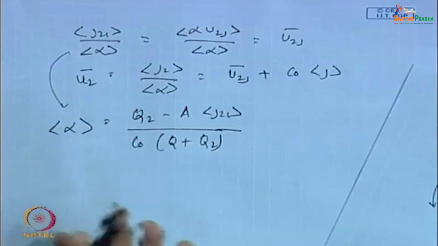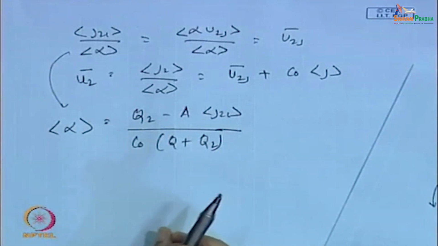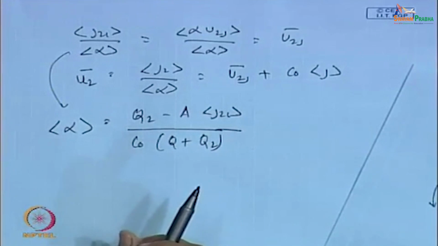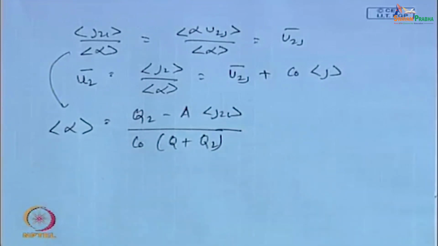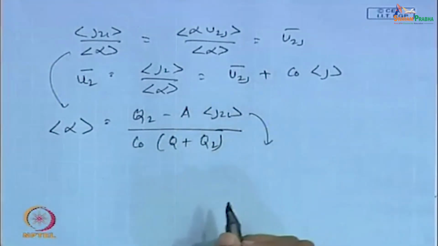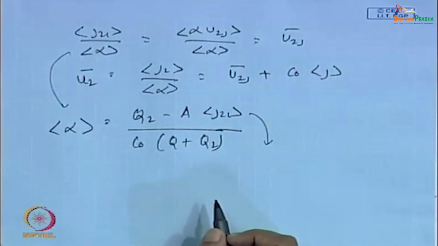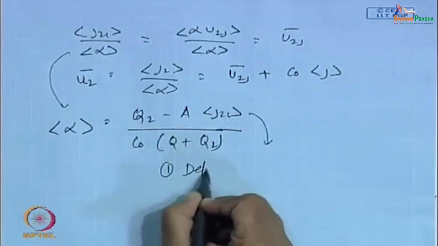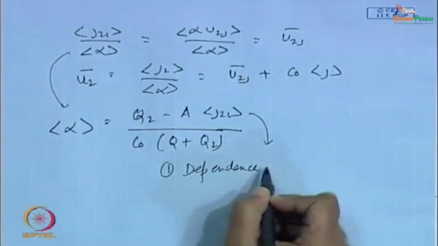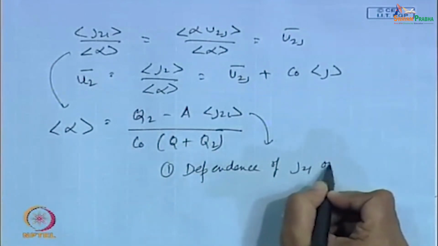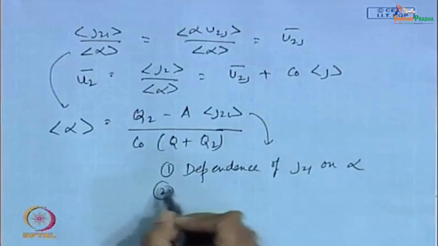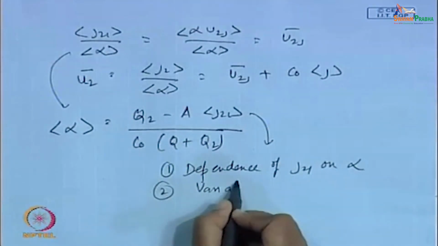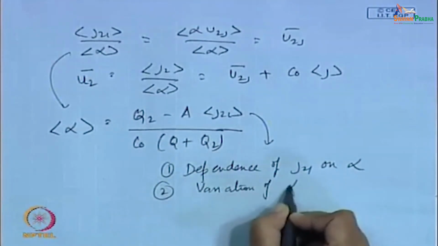Till this part, is it clear to all of you? So, for finding out J21, what do you need? You need two things. One is the dependence of J21 on alpha, and the second thing is the variation of alpha across the cross section.